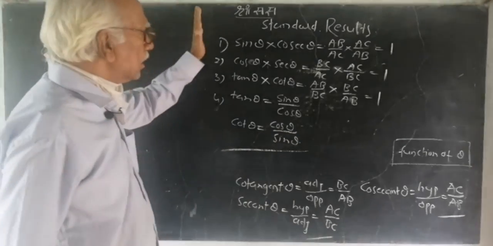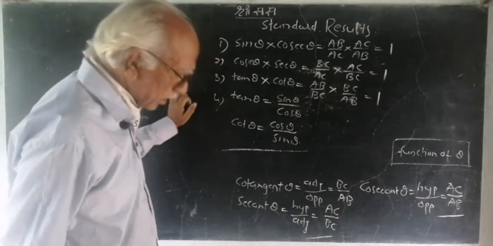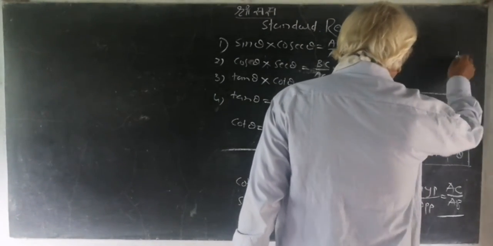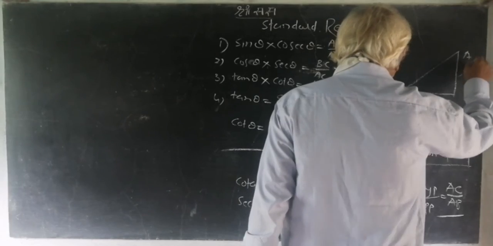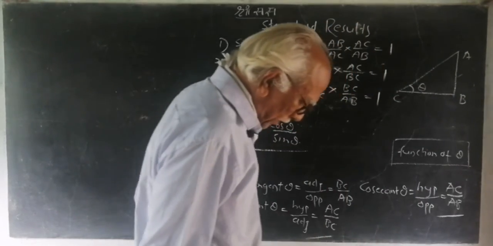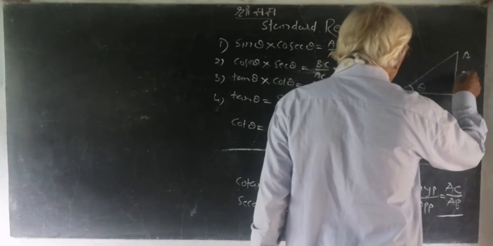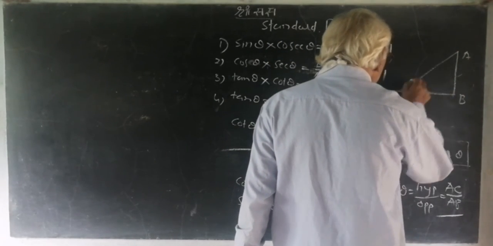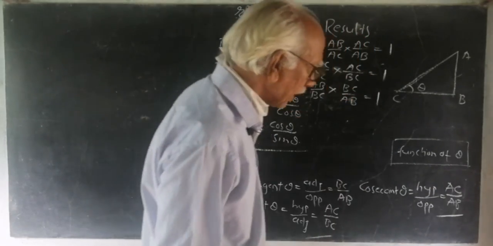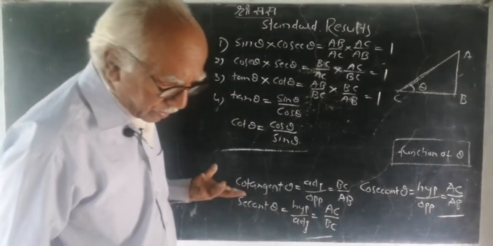So these are the basic standard results according to this particular triangle A, B, C, and this is theta. With respect to theta, this is opposite side, and this is hypotenuse, and this is adjacent side. So this is for the day.